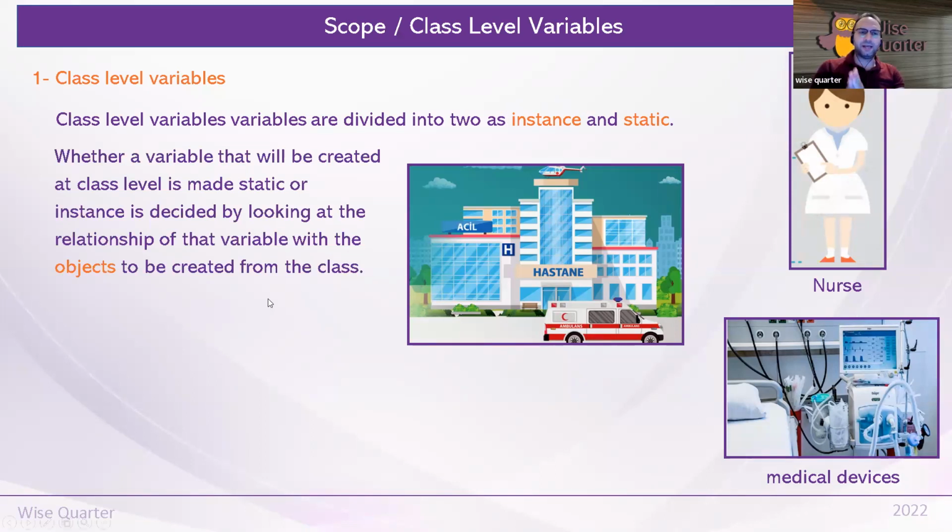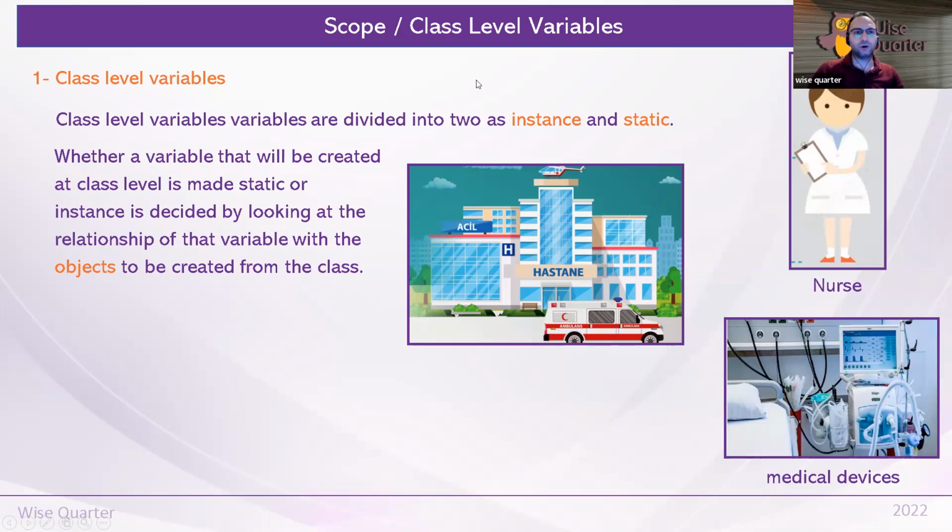When we think about that, how do we decide whether to create an instance variable or a static variable? If the variable is the same for everybody, for example, there are a lot of doctors, nurses, medical devices, and the name of the hospital will be the same for everybody.